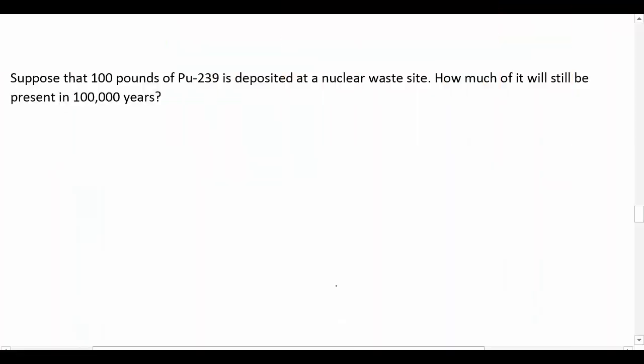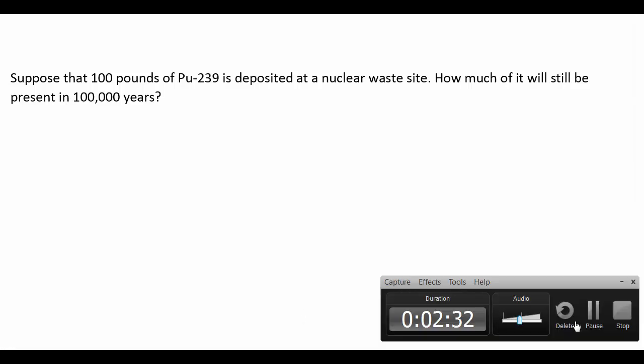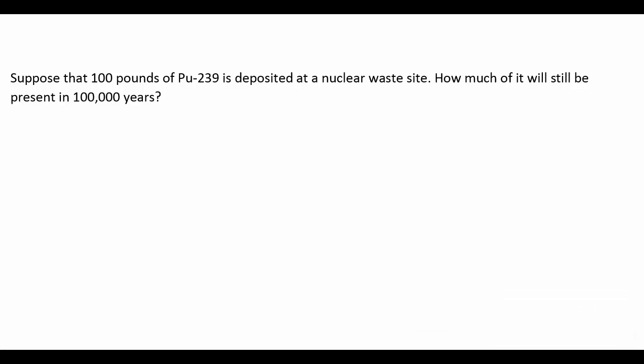Okay, suppose 100 pounds of plutonium-239 is deposited at a nuclear waste site. How much would still be present after 100,000 years? You kind of have to know that the half-life for plutonium, which doesn't say in the problem, but I will give it to you, is about 2,400 years.